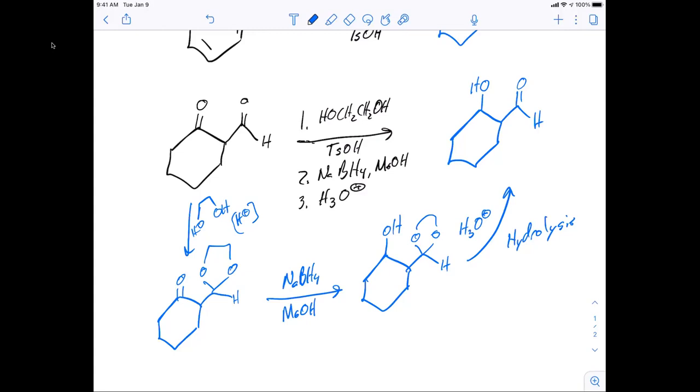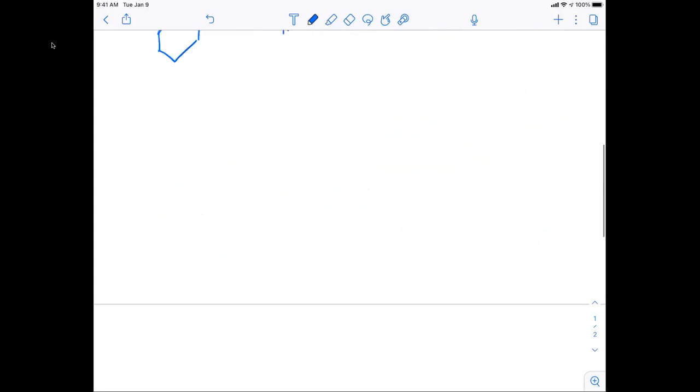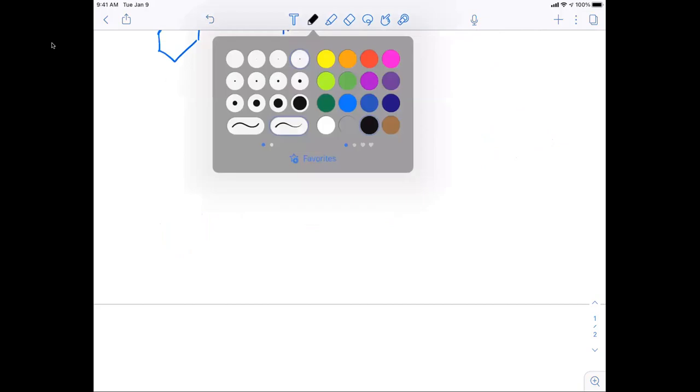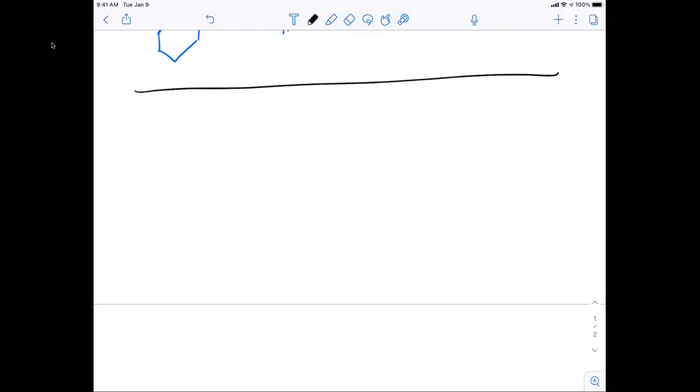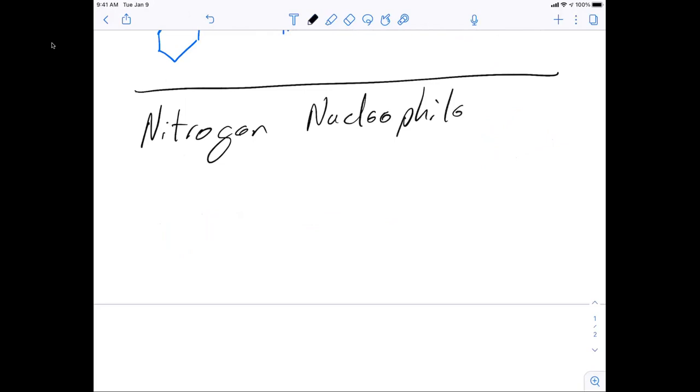Okay, let's go ahead and move on. We're going to do a little bit less mechanisms today, but we will show a few of those. Now we're moving into nitrogen nucleophiles. So we're still dealing with the nucleophilic addition to the aldehydes and ketones.